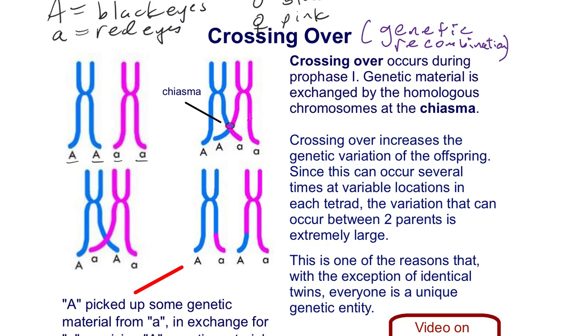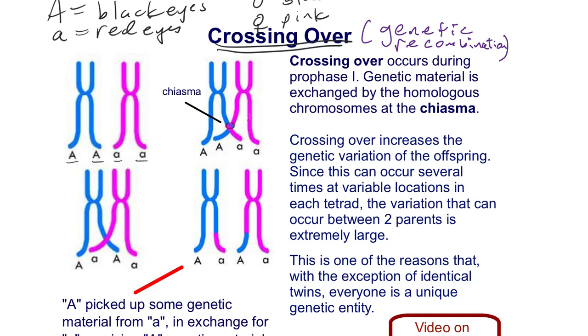So what's happening at prophase 1, when the tetrads are formed, that means when the homologous chromosomes pair up with each other in each pair, they exchange pieces. That's called crossing over or recombination.